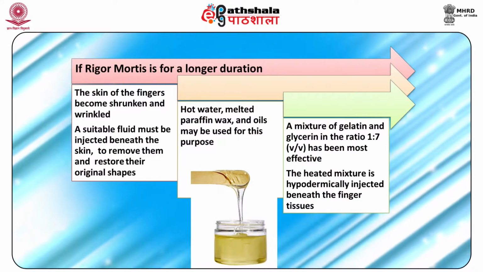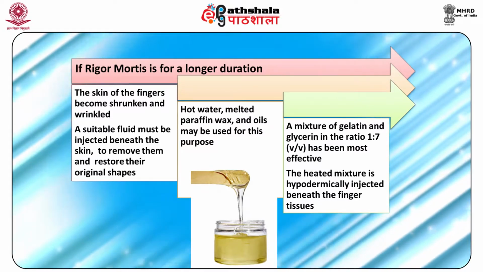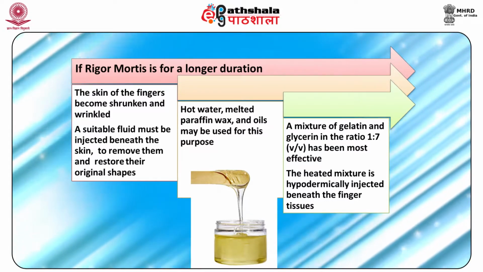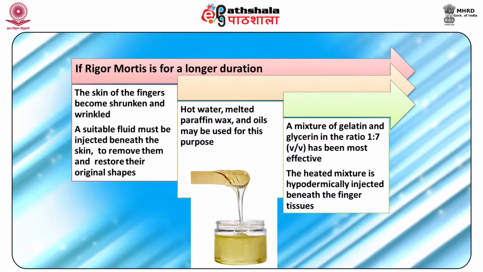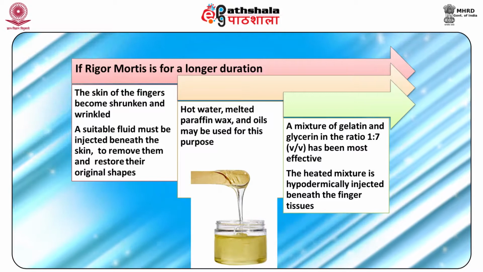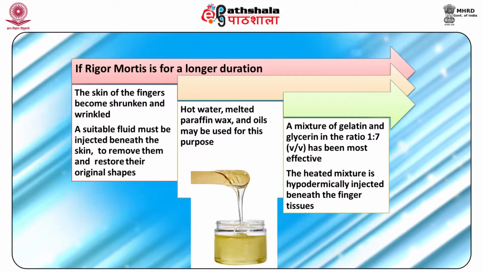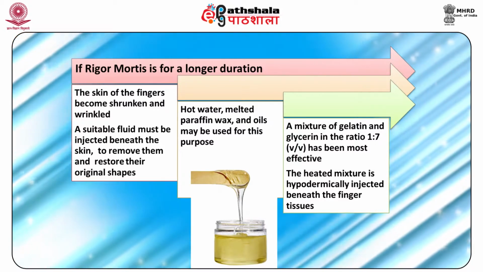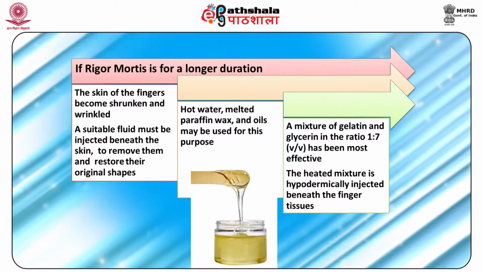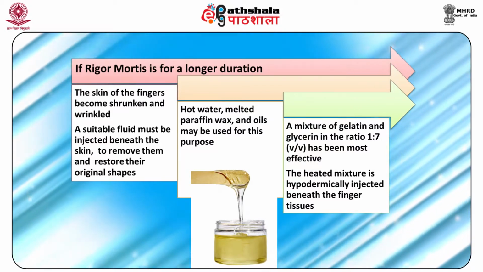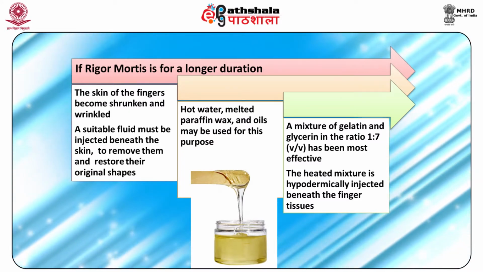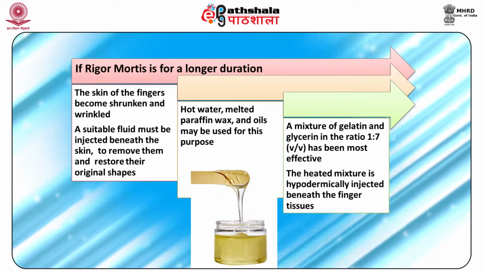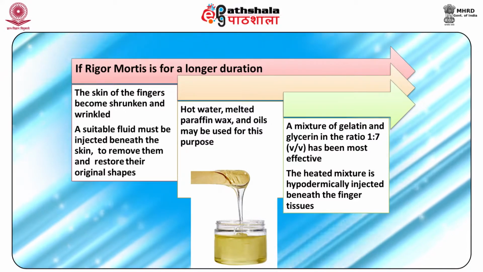If the body has remained in a state of rigor mortis for a long duration, the skin of the fingers becomes shrunken and wrinkled. In such cases, a suitable fluid must be injected beneath the skin so as to remove the wrinkles and to restore the fingers to their original shapes.